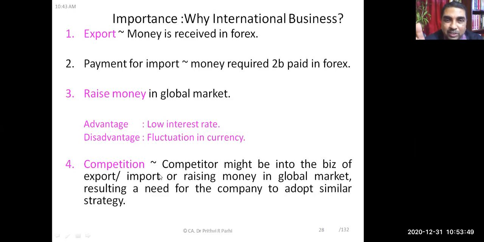And it is also necessary to import certain things because that may minimize your cost. Cost of production might be minimized if you import something. But there also you need to understand the implication of forex fluctuations. Money or capital can also be raised from the international market at a lesser cost. And competition may also force you to enter into international business. Understood these 4 points? Let's move to the next point.